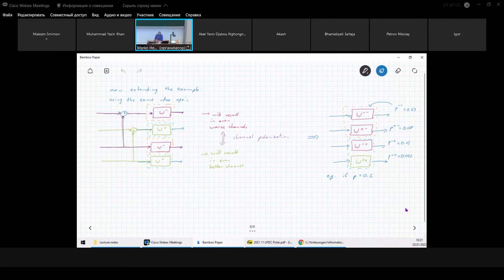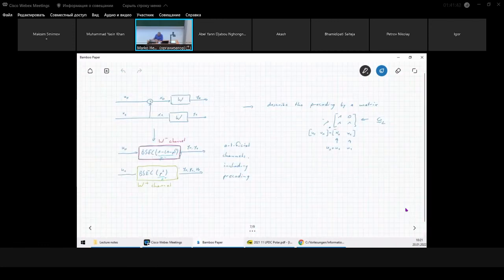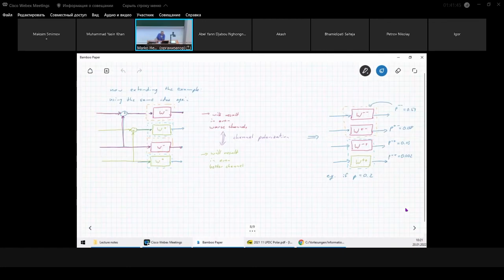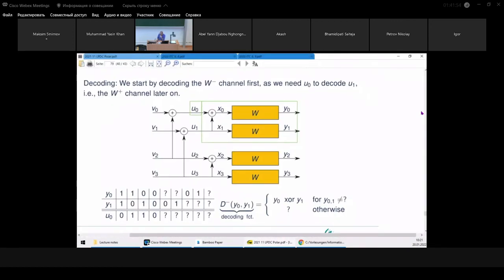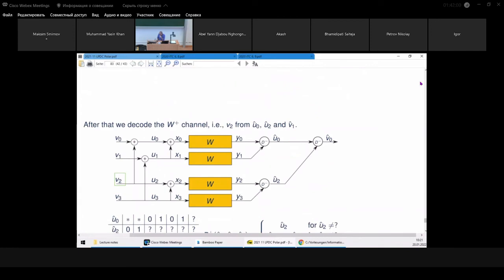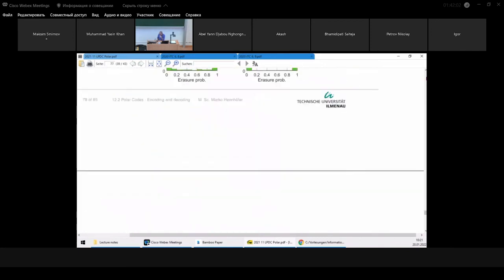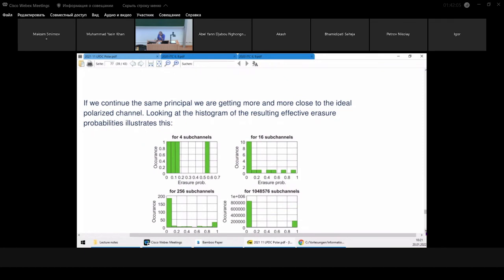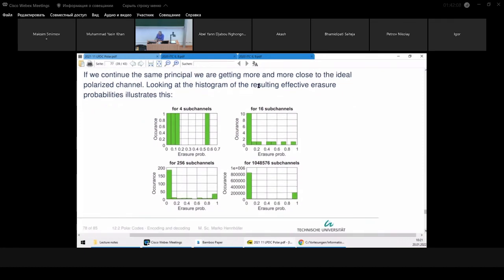So here was again the question related to the redundant bits, the assignment of the redundant bits, and the decoding. So of course you could wonder why we cannot decode all the bits correctly.